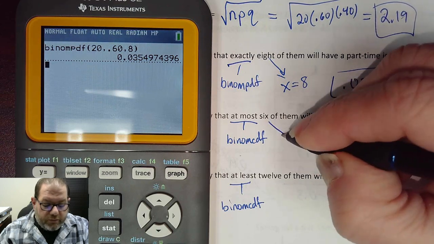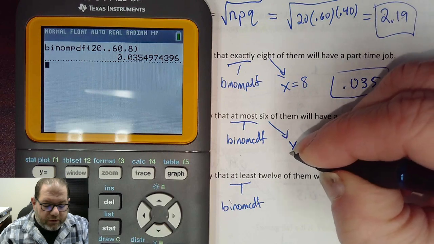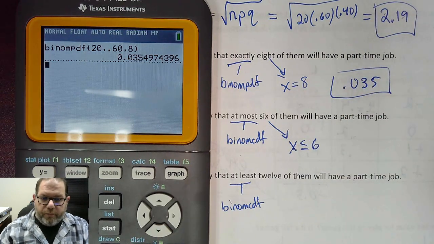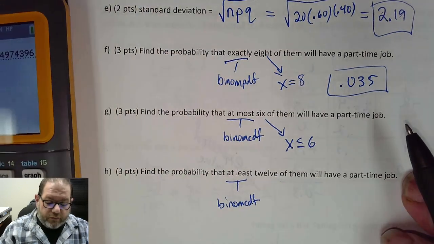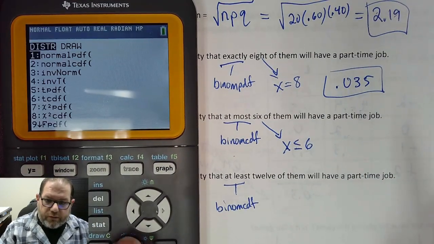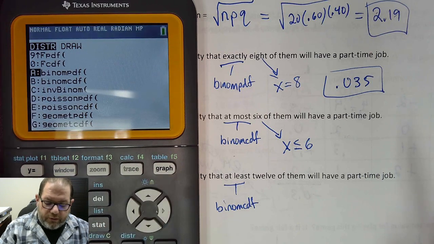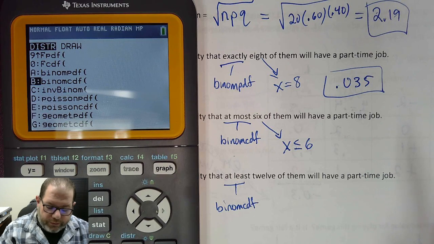Now, at most 6, that means x is less than or equal to 6. Okay. And the way that the binomial CDF function works for part G, we'll go second vars, and I usually scroll up from the bottom because it's closer that way. So if you just arrow up, it loops through the list.